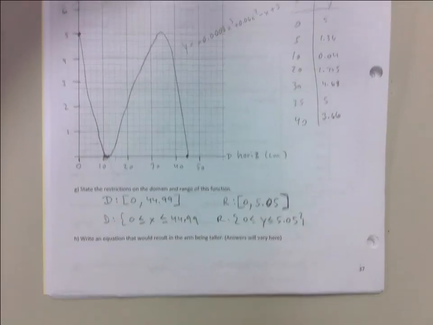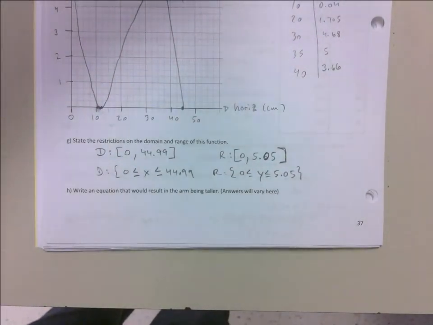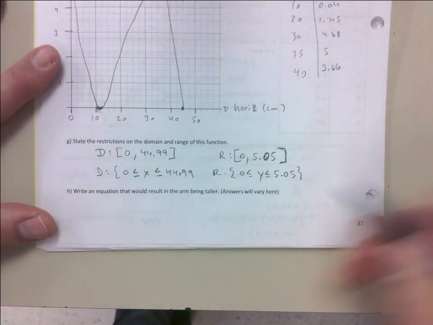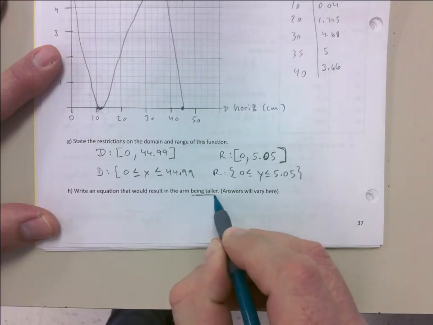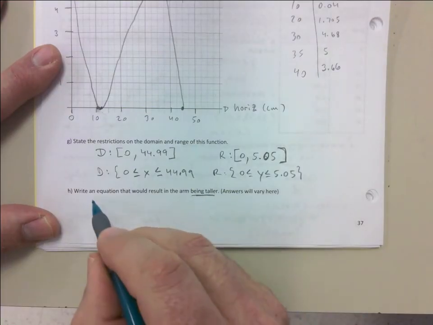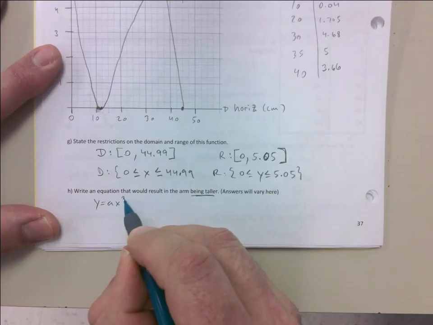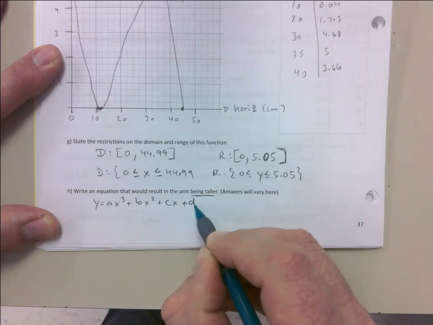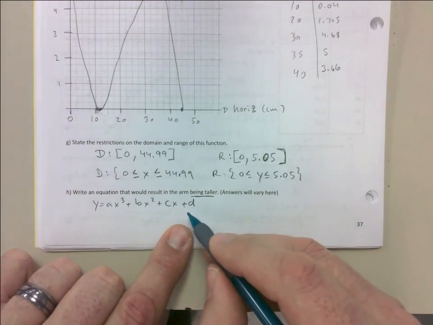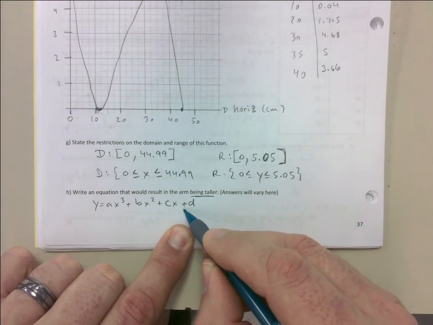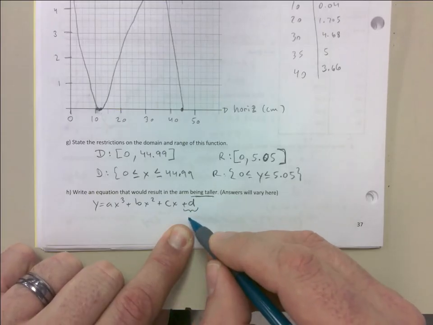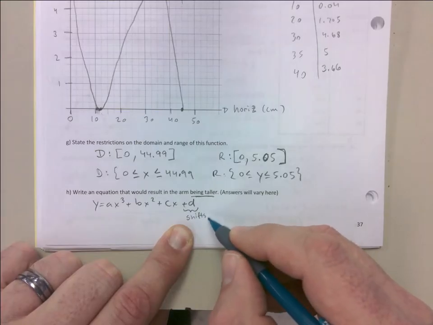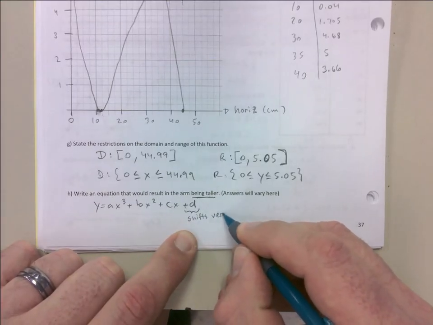There you have it. Write an equation that would result in the arm being taller. Again, I want you to understand this. This one right here shifts vertically.